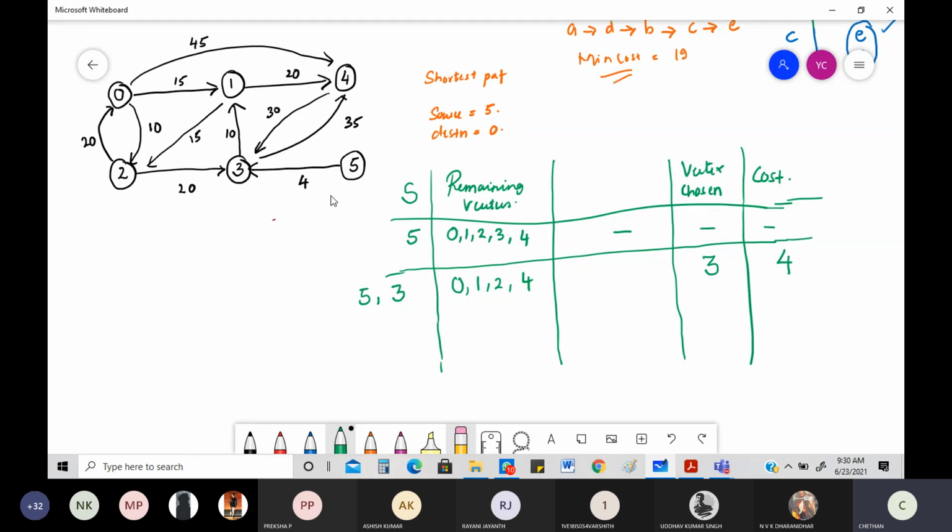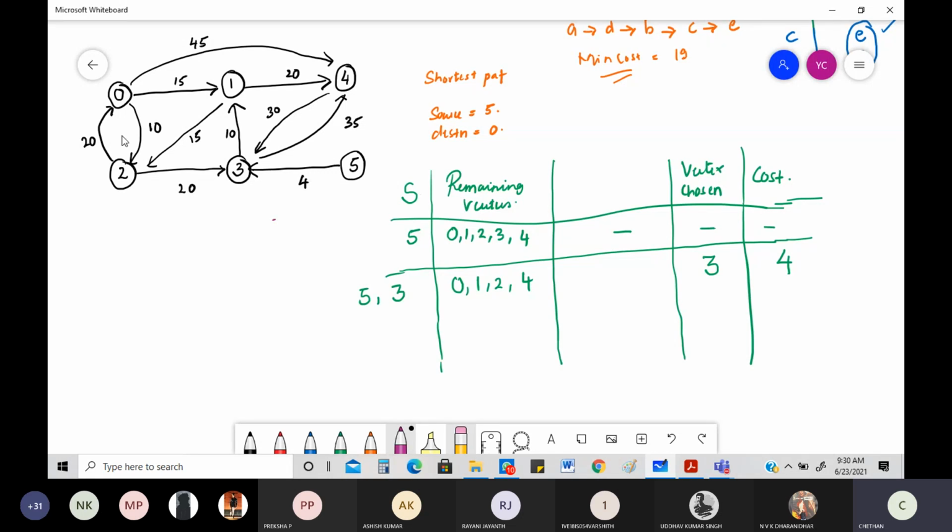I'm going to tell a few things here. From 5, where all can I go? Can I go directly, before I choose 3, to 0? From 5 to 0 directly. Is there a possibility? There is no possibility. It is with regard to the minimum value that you can go. I can go from here to 0 with some sort of cost.